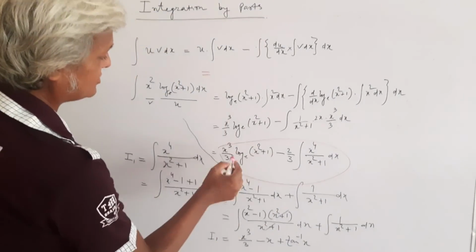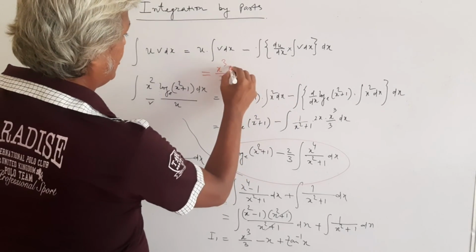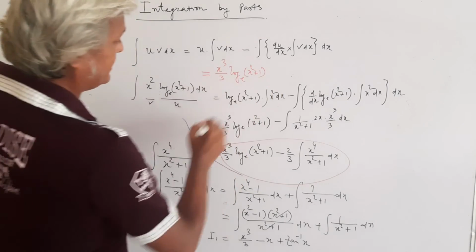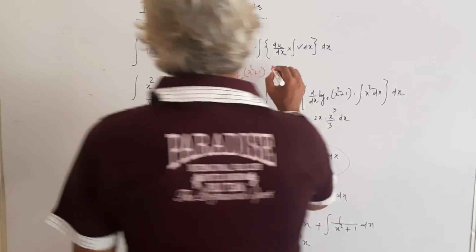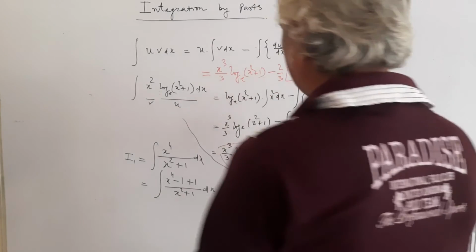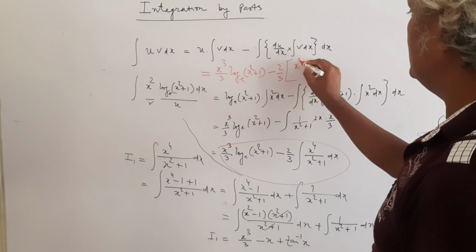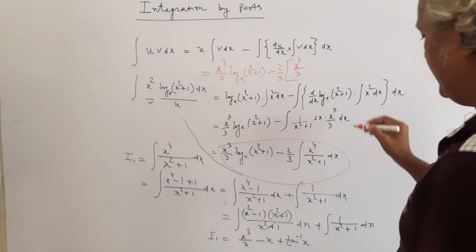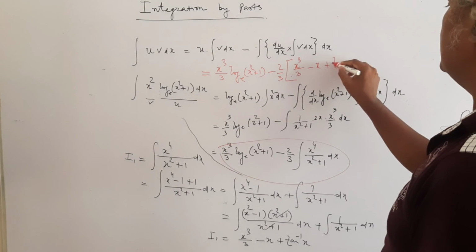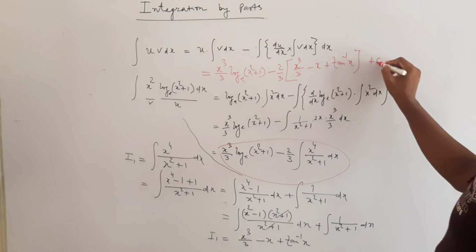I had to write this first term, that is x cube over 3 log of x square plus 1 to the base e, minus 2 by 3 times whatever we have found here, that is x cube over 3 minus x plus tan inverse x, and then c.